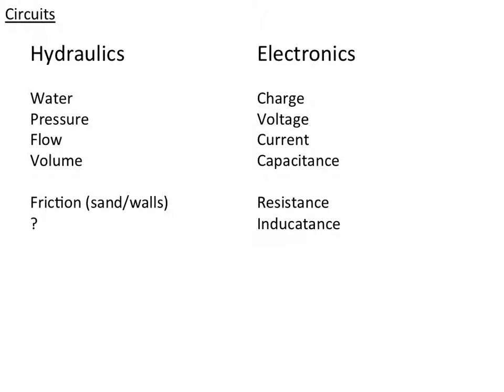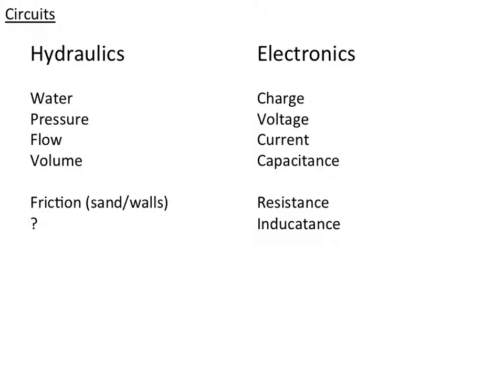Just to make clear the various links between the two analogies, between hydraulic and electronic circuits. In electronics we have charge, which is like the water moving around in a hydraulic circuit. The pressure moving the water in a hydraulic circuit is like the voltage in electronics.